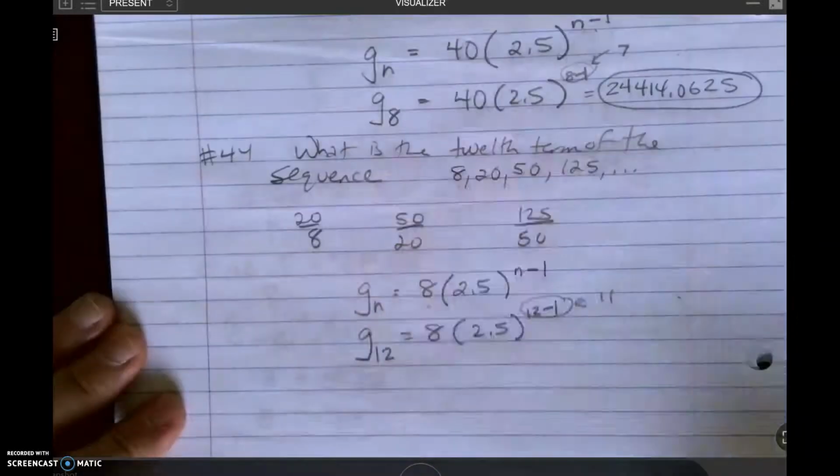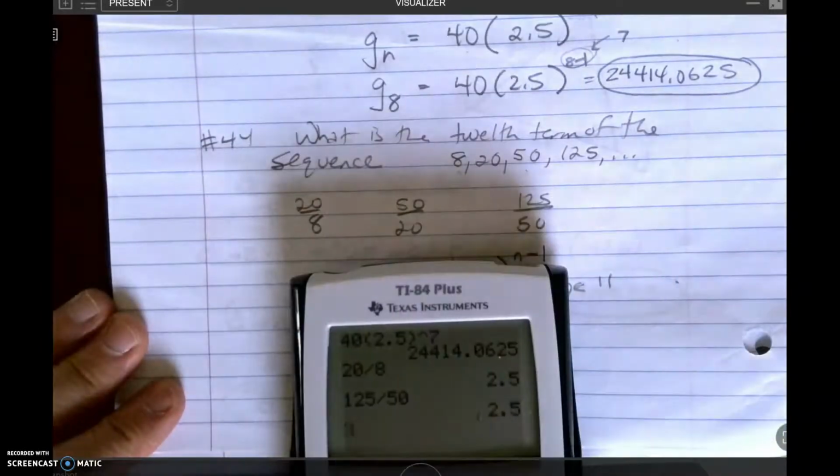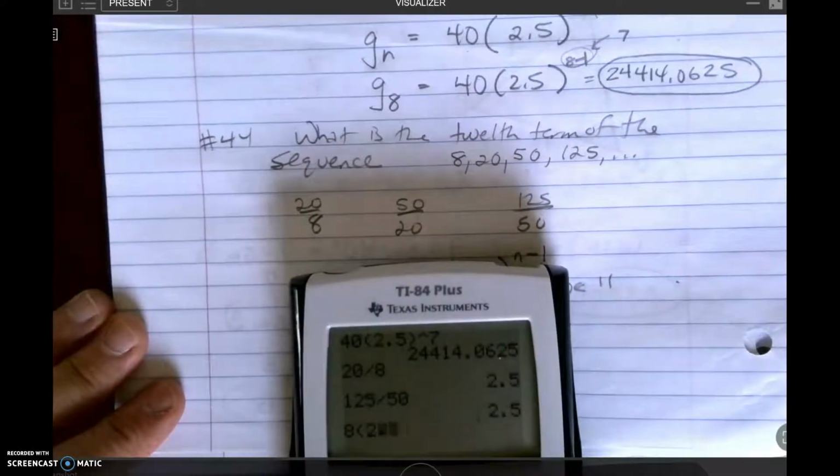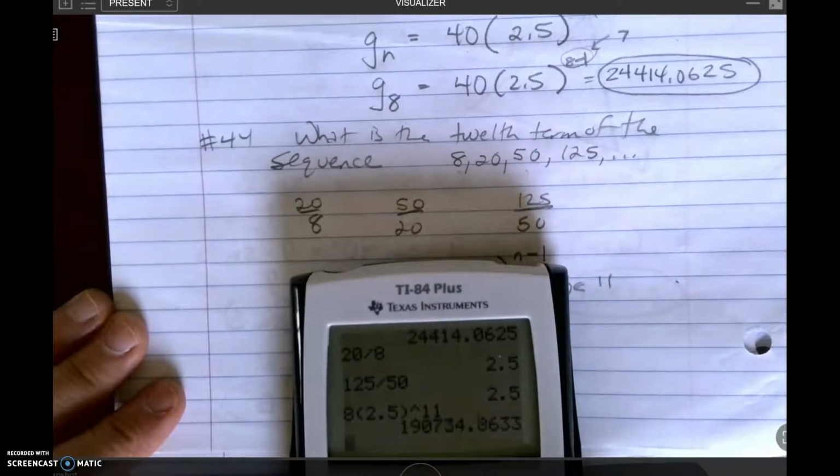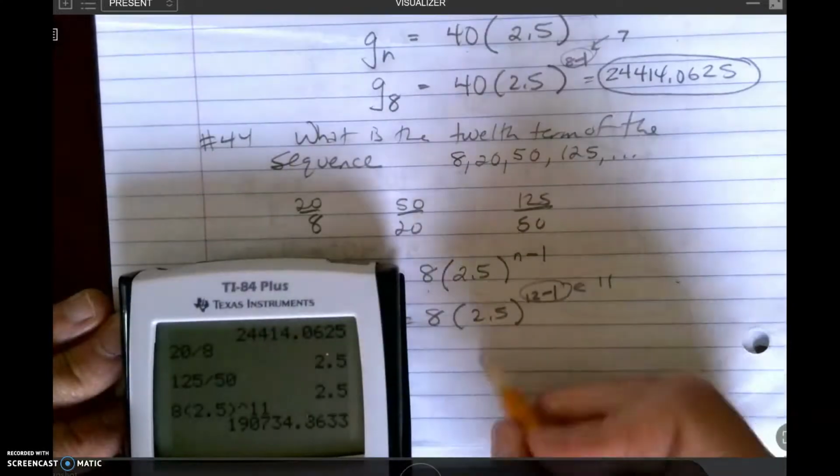In my calculator, I'm going to put 8 times 2.5 to the 11th power. And I get 190,734 and 8,633 ten-thousandths. I'm going to write that whole answer down.